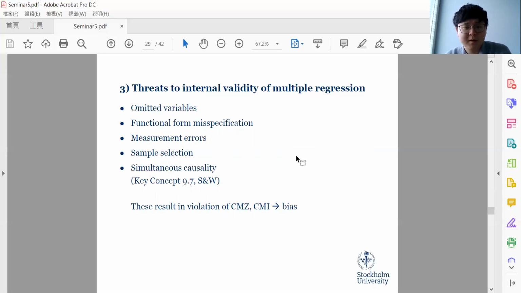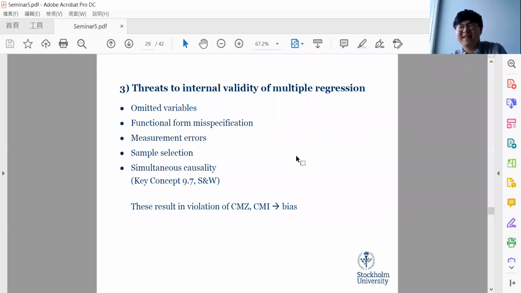So among them, of course, the most important is omitted variables. And I think I talked about functional form misspecification before. And for measurement errors and sample selection, I think these two are not that related to our research questions because they are more about the structure of data itself.